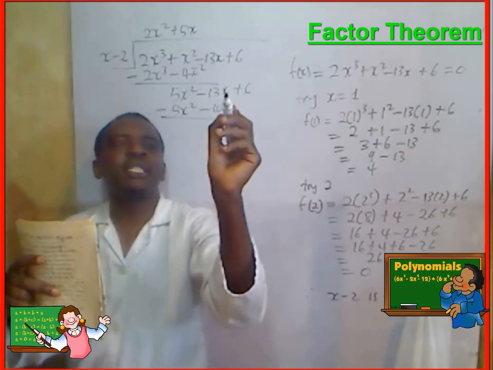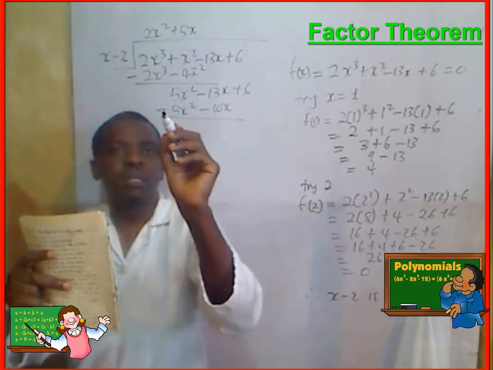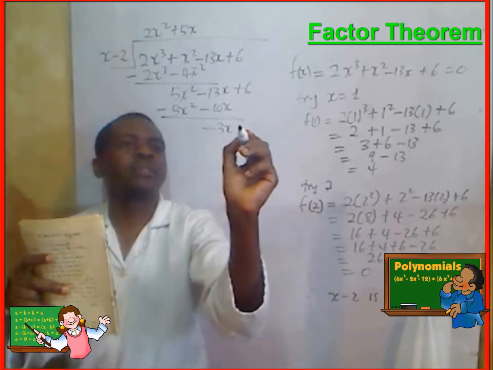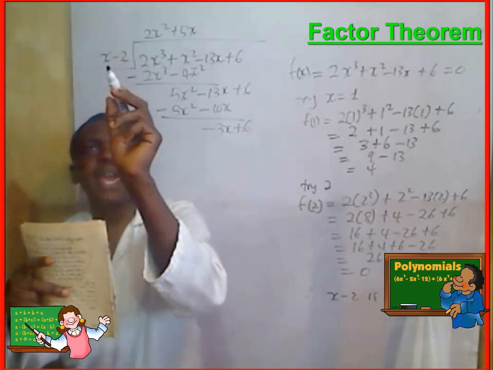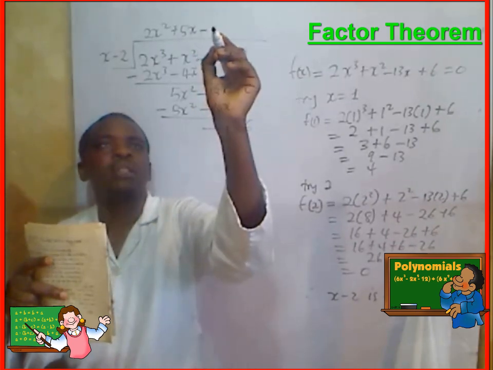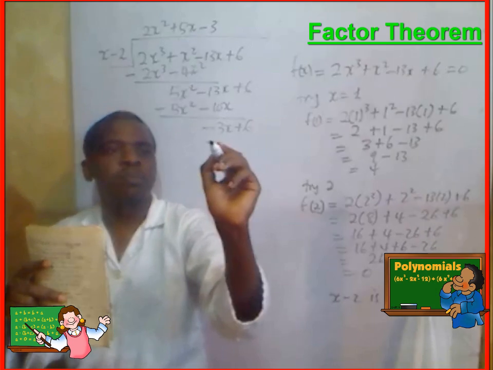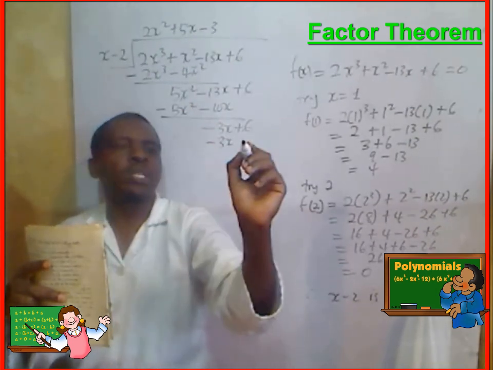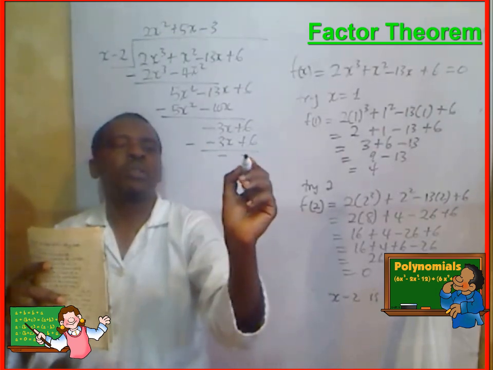Minus 13x minus minus 10x, minus minus becomes plus. That will give me minus 3x plus 6. What do I multiply x by to get minus 3x? That should be minus 3. Minus 3 times x gives me minus 3x. Minus 3 times minus 2 gives me plus 6. I subtract, that will be 0, 0.